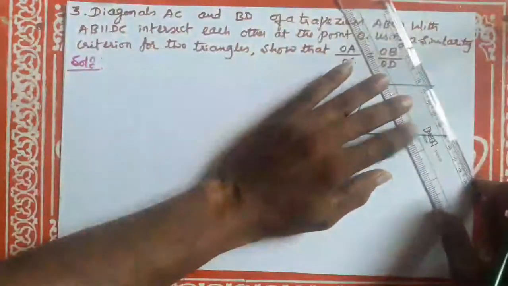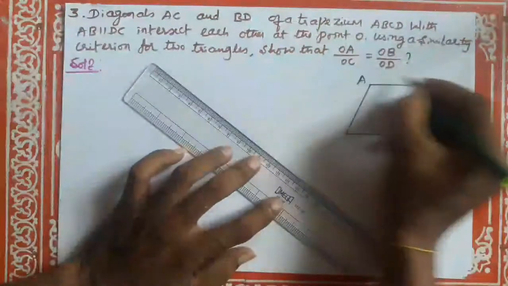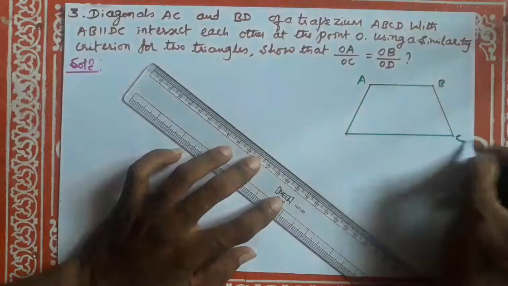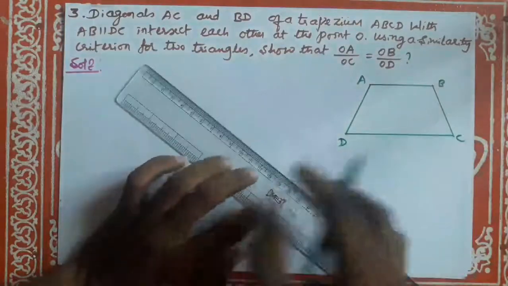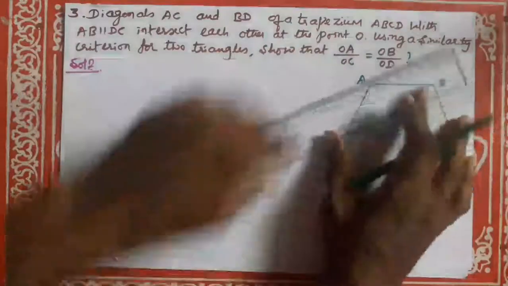We have to draw a trapezium. A, B, C, D. ABCD is a trapezium, and AC and BD are the diagonals.